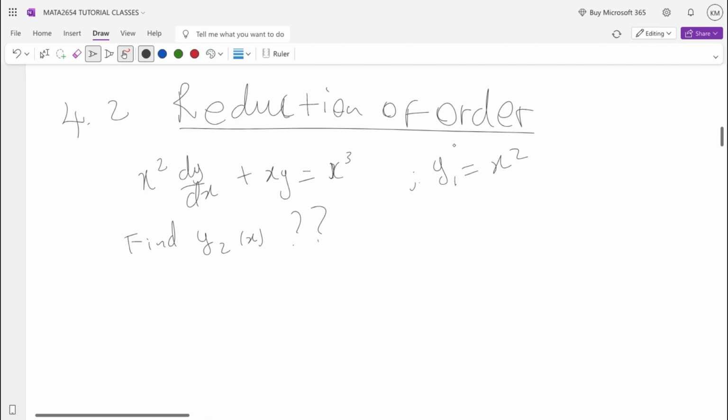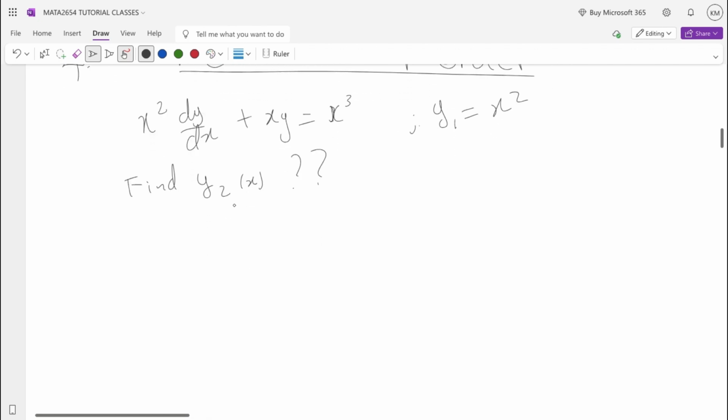This is where the technique of reduction of order kicks in. I will introduce it nicely in tomorrow's session where I give you guys everything. But today I will leave you with the equation that you have to know.